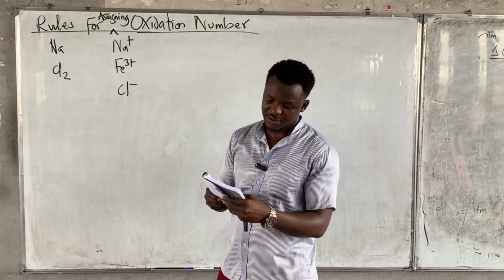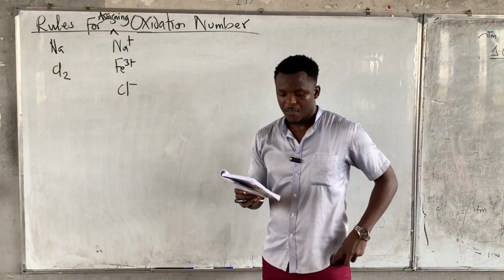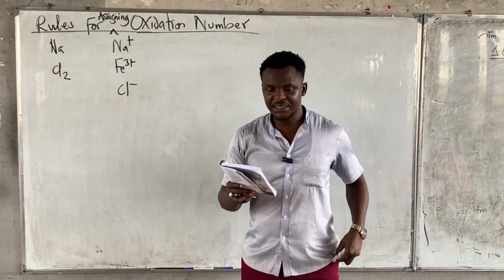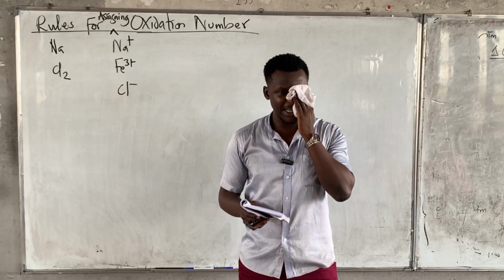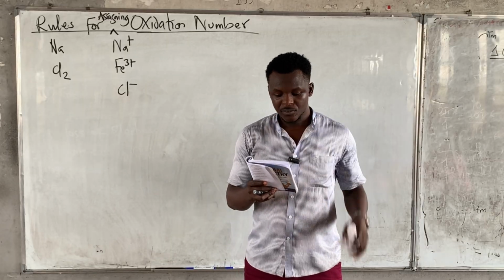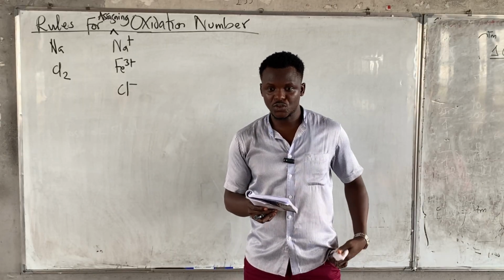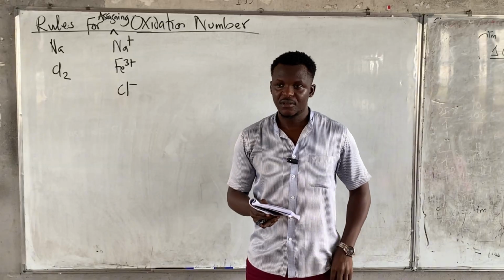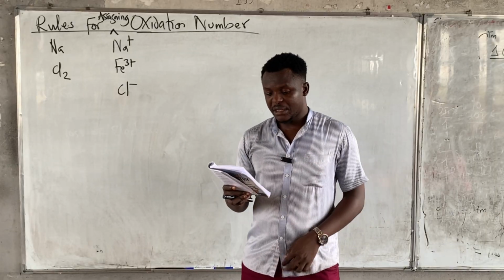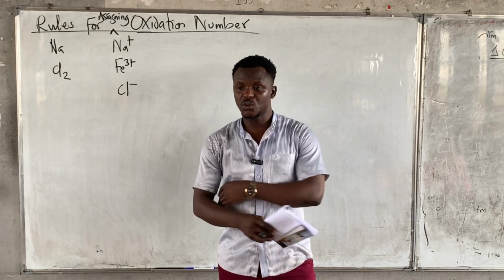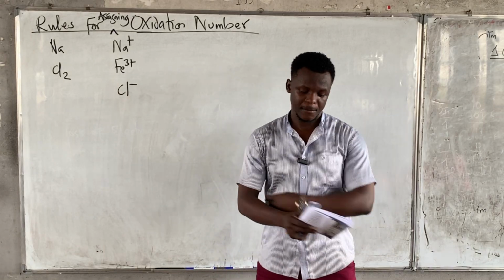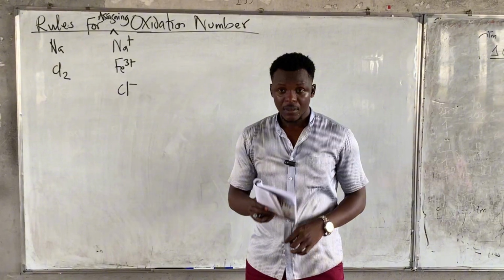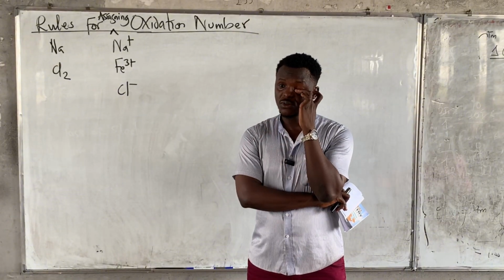Number 3 says the oxidation number of elements in group 1 and group 2 of the periodic table are +1 and +2 respectively.